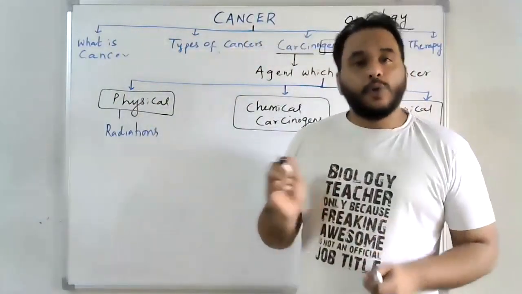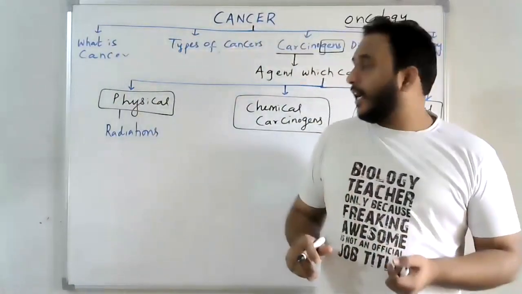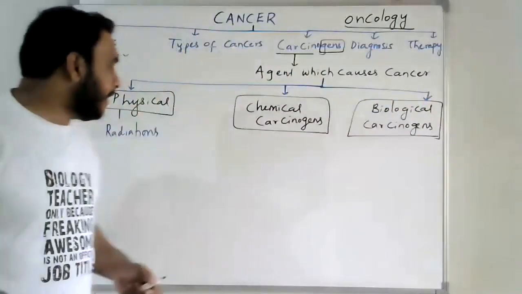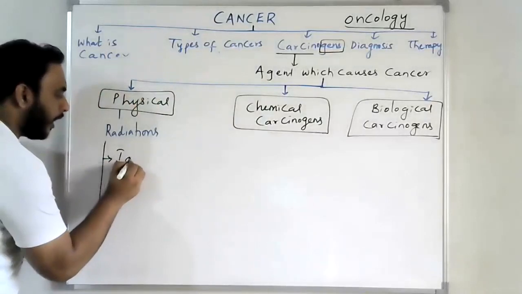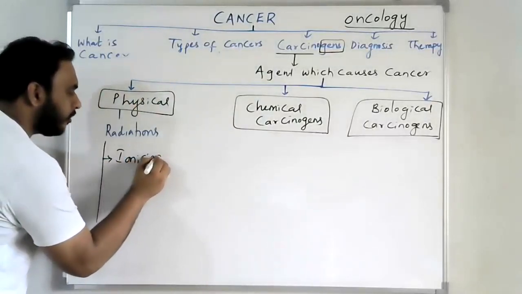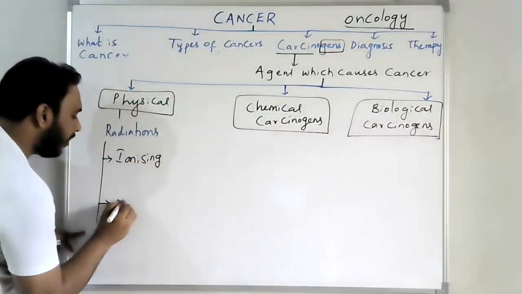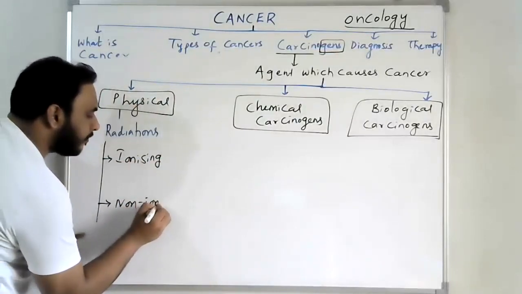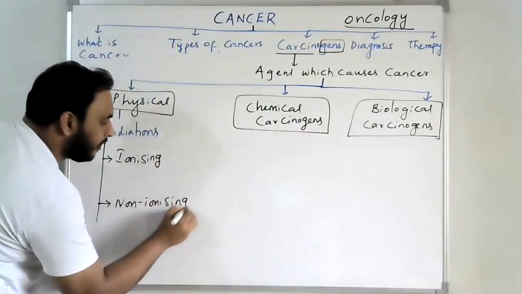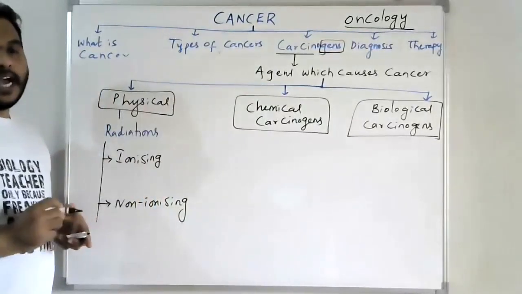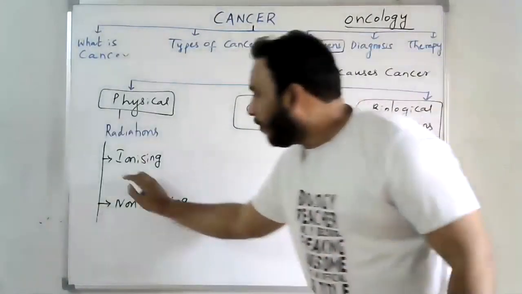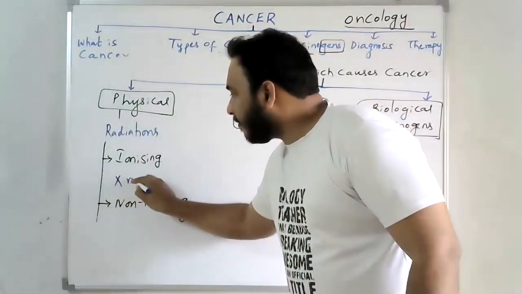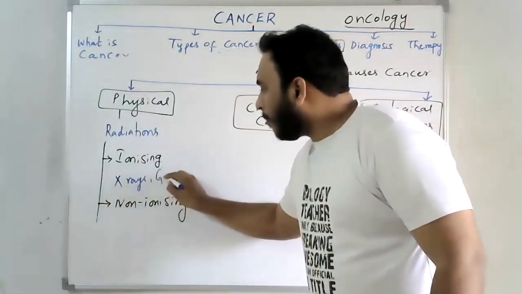And there are two types of radiations, ionizing as well as non-ionizing radiations. The ionizing radiations include X-rays and gamma rays.